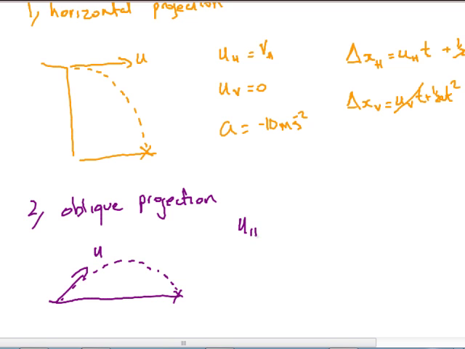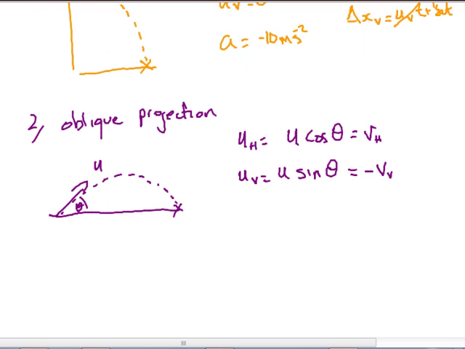So we've got UH, at an angle theta, UH equals U cos theta, and that will also equal VH because there's no acceleration in the horizontal. And we've got U vertical is U sine theta. If it's landing at the same height, then that's going to equal the negative of V in the vertical direction.